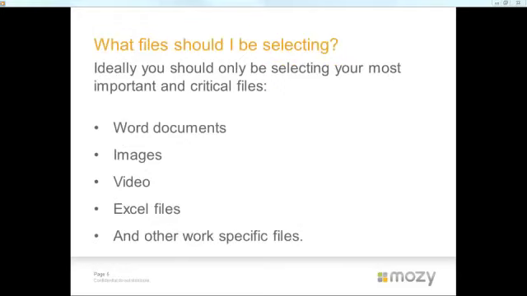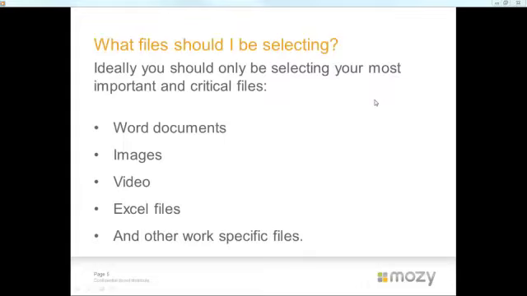Okay, so what files should I be selecting? Ideally, you should be selecting your most important and critical files. By that we mean the files that are actually critical to you. Things like Word documents, images, video, Excel files, depending on your particular type of work.